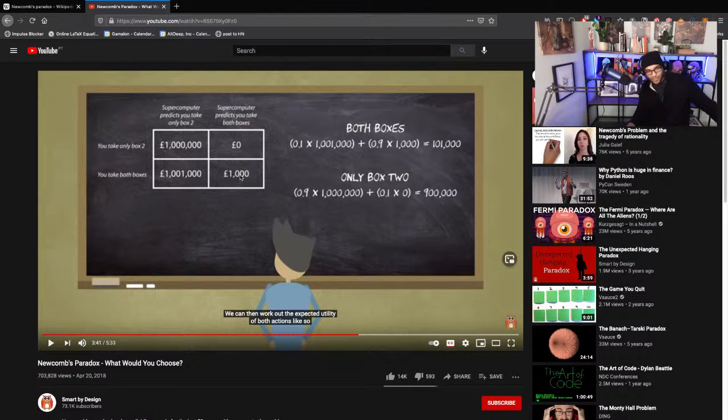So I take both boxes, and it's a 0.1 chance that it predicted I'll take box 2, in which case I'll get 1,000,001, and a 0.9 chance that it predicted that I will choose both boxes. Great, and so I get 1,001. So choosing box 2 makes sense.